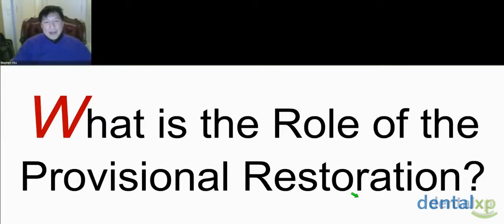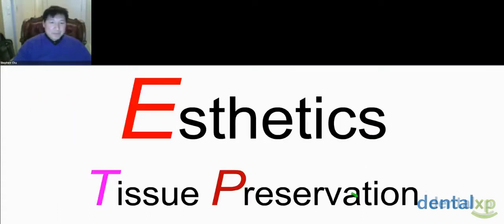A lot of times we can place a provisional restoration at the time of implant placement, and consequently we can streamline procedures for patients. We can reduce the number of procedures necessary, and therefore have greater comfort and greater outcomes for our patients. The role of the provisional restoration is a very new concept, and we'll try to discuss some of these issues as we go through.